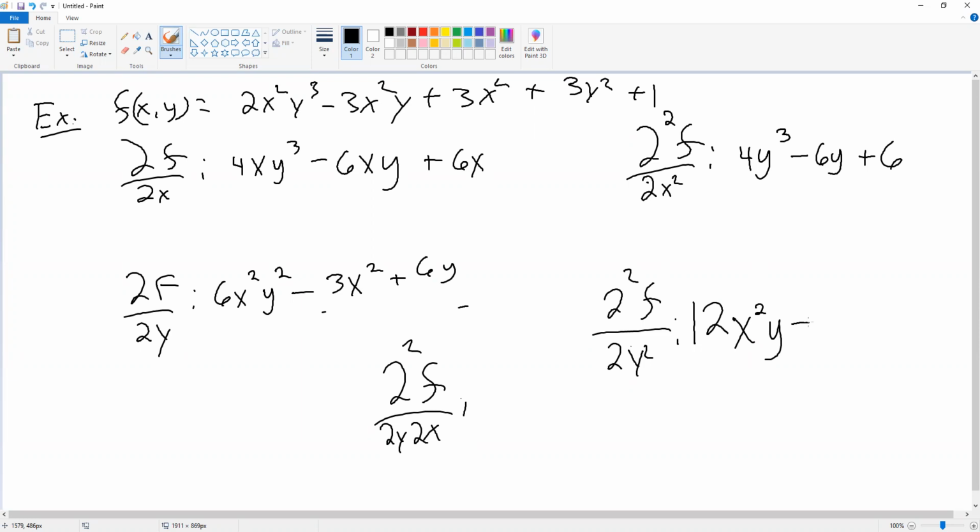Now, does the second term have a y? And what do we say when we have no y term? Just a constant, right? And the derivative of a constant is 0, so that means that 3x squared is going to do what? Perfect. Excellent. That is the last one.